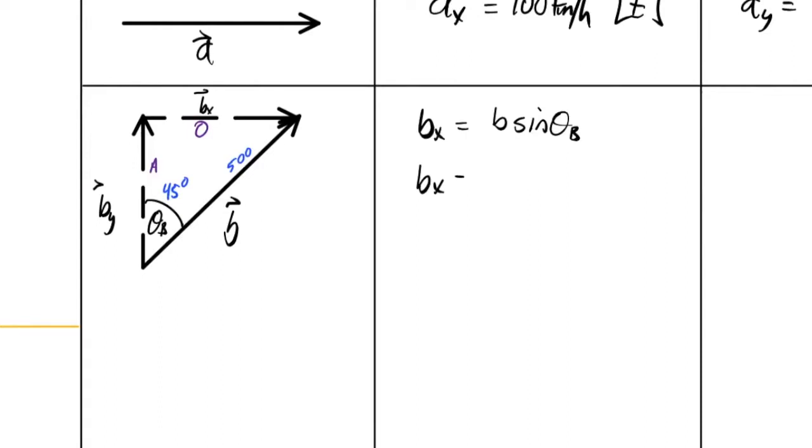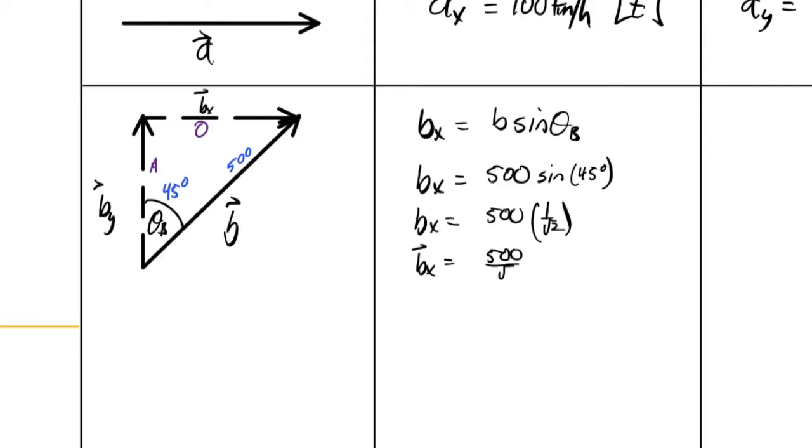Now we're going to do something maybe a little bit different compared to last year, but I find that to avoid having to do excessive rounding, I like to leave it in this semi-algebraic form. Also, sine of 45 is associated with our special triangles, and sine of 45 is the equivalent of 1 over root 2. So our Bx as a vector is 500 over root 2 kilometers per hour east.